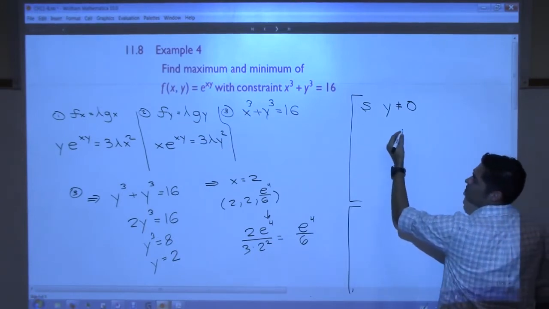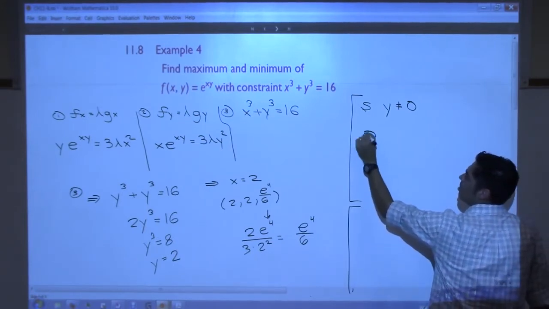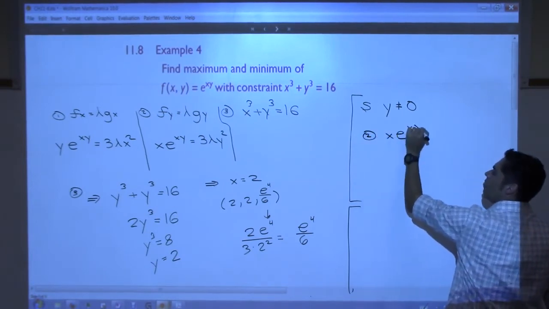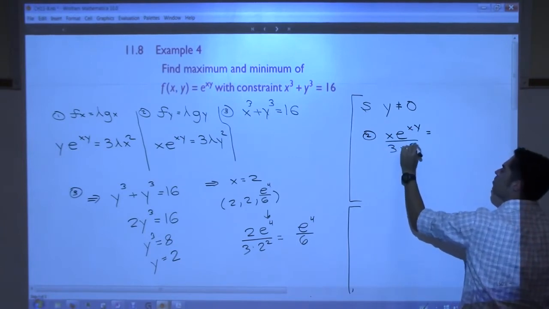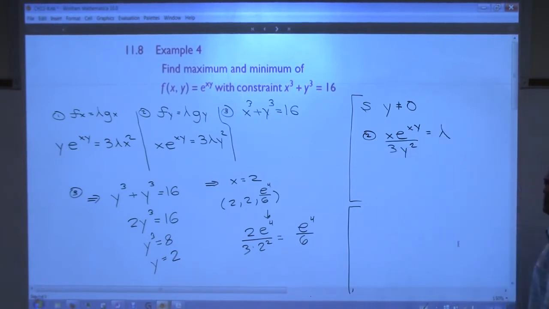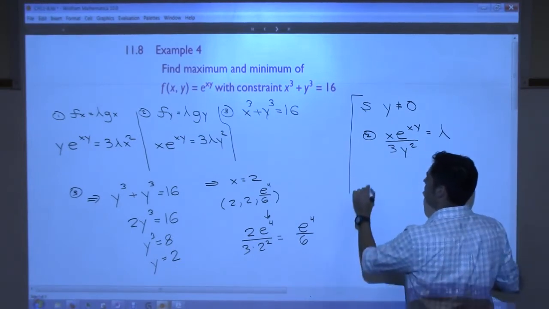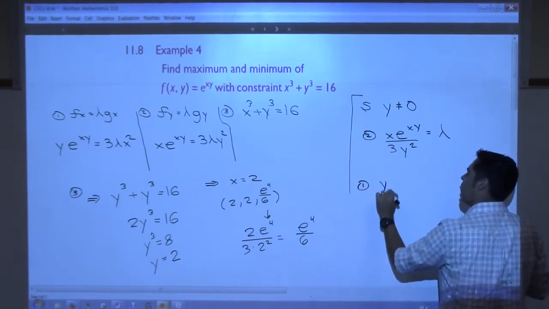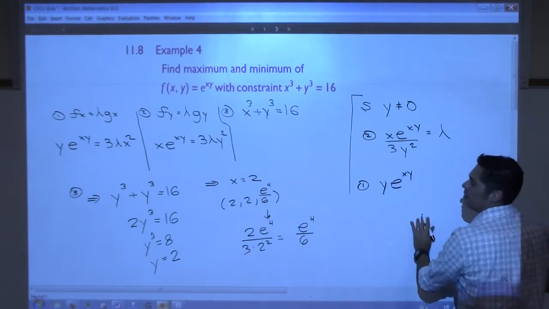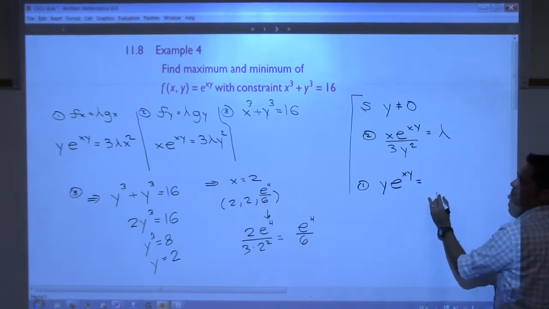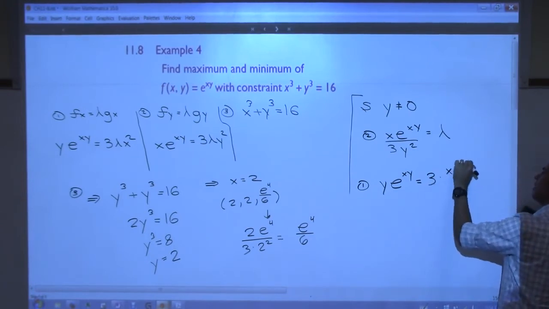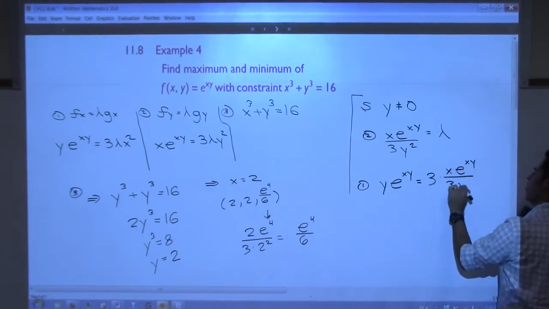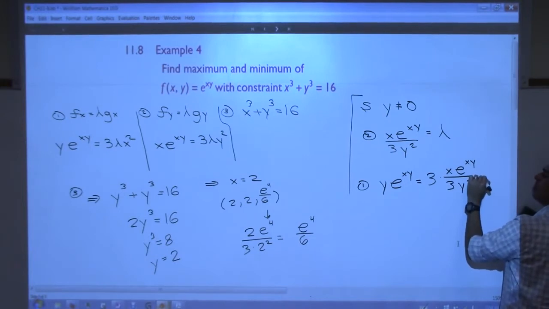Suppose y is not equal to 0. Equation 2 becomes x e to the xy over 3y squared equals lambda. You following? Same sort of logic as before. Then from number 1, I can replace: y e to the xy equals 3 times lambda, which is x e to the xy over 3y squared times x squared.